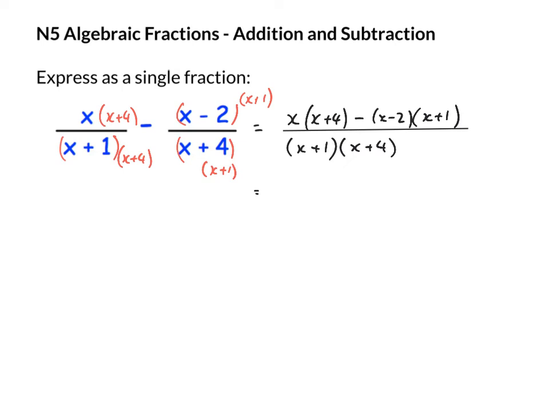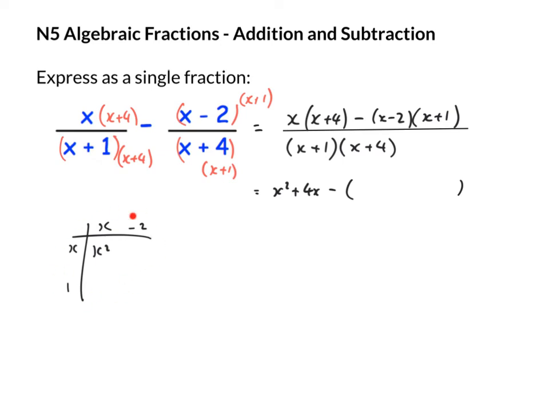Now, the first bit of multiplication, that's nice and straightforward. I don't really need to worry about whether I'm adding or taking away here. However, here, I'm going to have to take away all of this. Because it's a take away, I'm going to introduce some brackets. I'm going to multiply out those two brackets in a grid, x minus 2, x plus 1. So again, I'm not writing all of this out, doing all my little steps for the multiplying out.